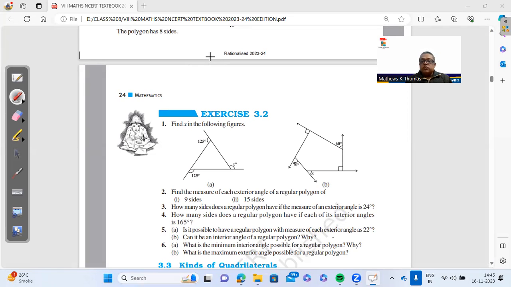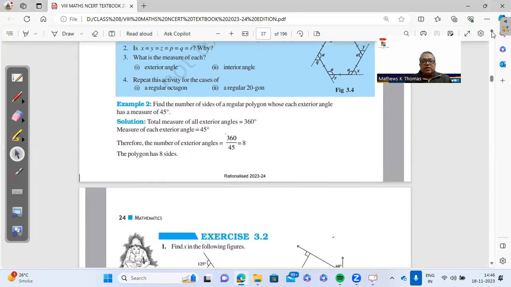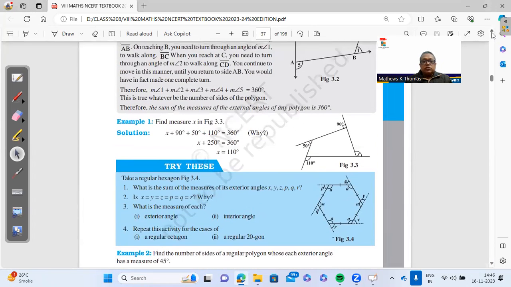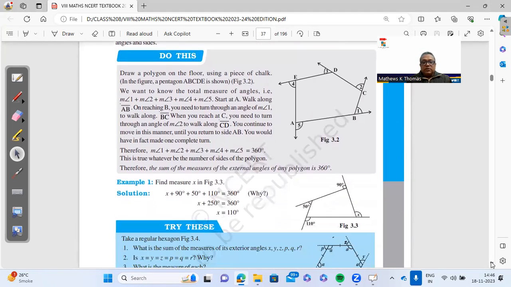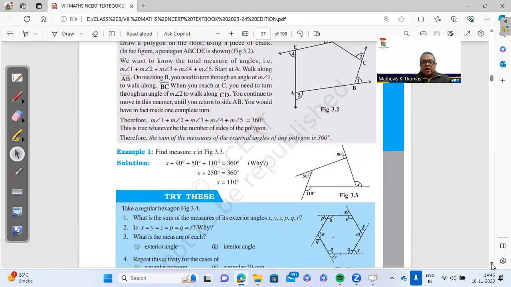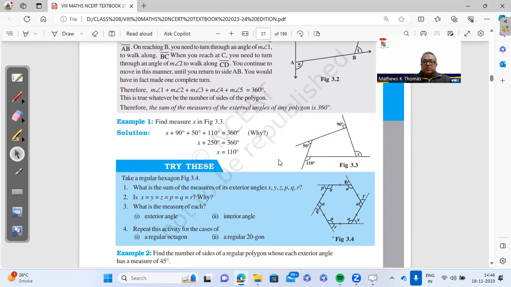First of all, you have to remember the formula for finding out the number of sides and number of angles in a polygon. Here we are given a polygon, the measure of the exterior angle of a polygon. Always remember, when we add up the exterior angles, the sum is always 360.